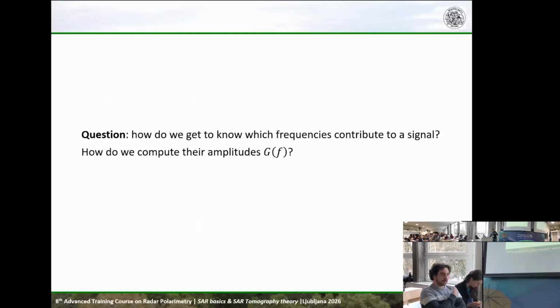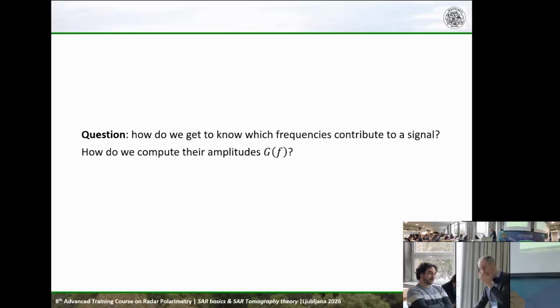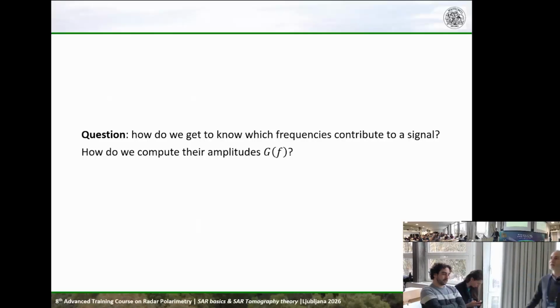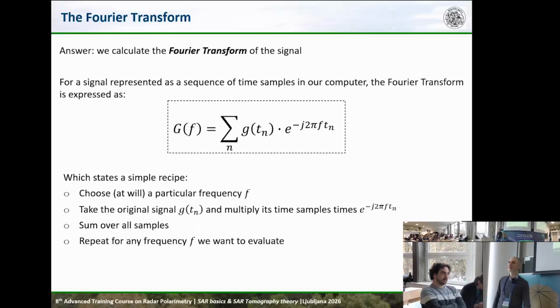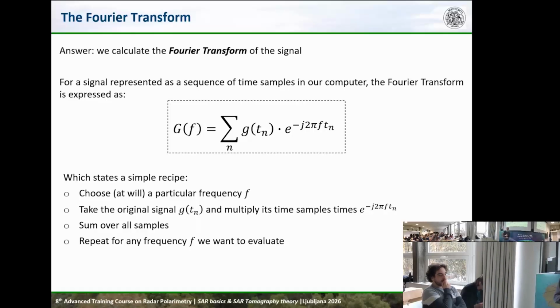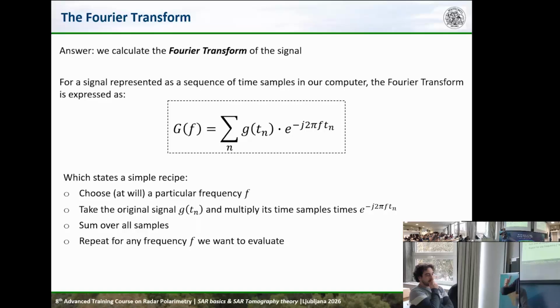And then the final question is, how do we get to know which frequencies contribute to a signal? So imagine that you have a signal in time. How can you tell its frequency representation? Well, this is what the Fourier transform does. And how does it work? Well, this is the formula. Basically, just imagine that you have the graph of g of t.